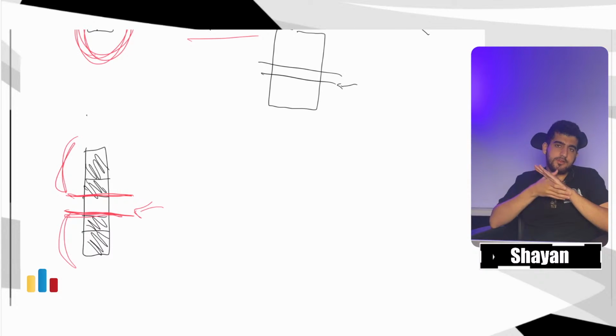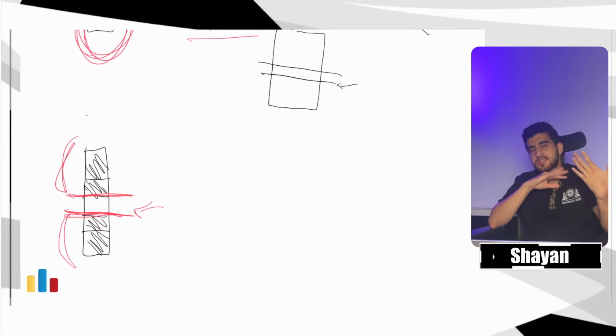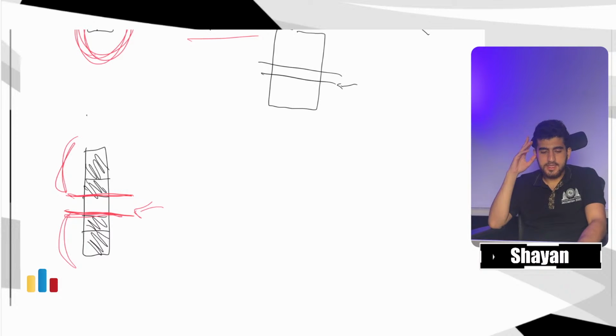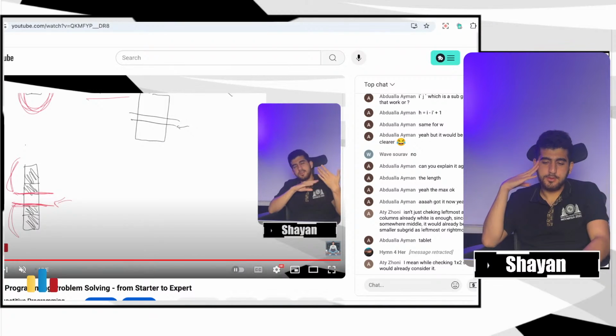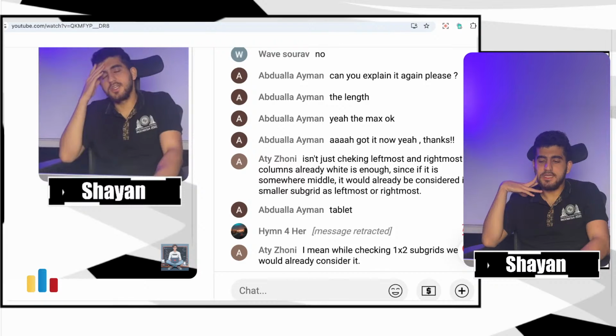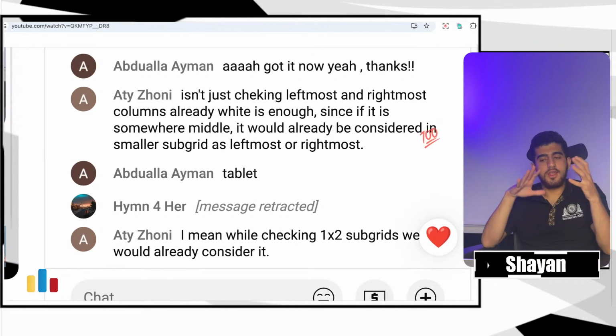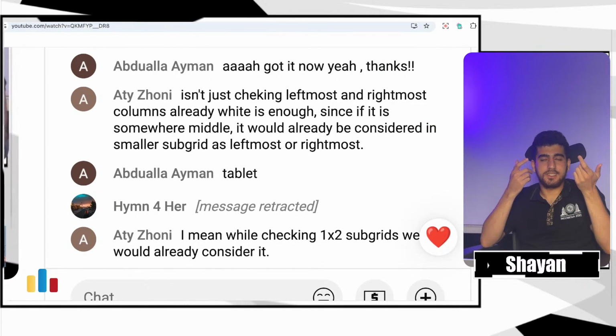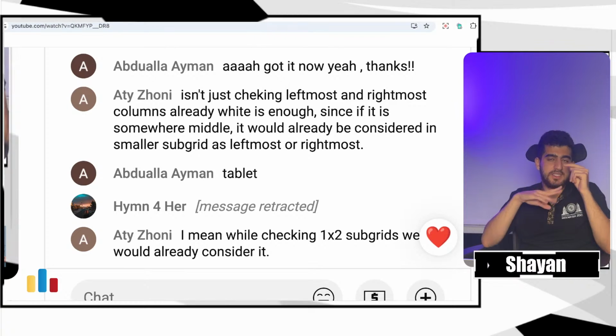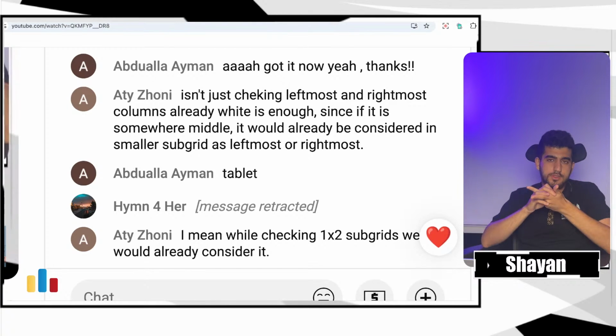So it's not enough to consider if the first row or the last row do not have any intersection with those subgrids. You need to consider all the rows and see if they have any intersection with your subgrids or not. I mean, you know that if the answer is going to be less than the maximum of R and C, there needs to be some row or some column that has no intersection with any of the subgrids that you choose.